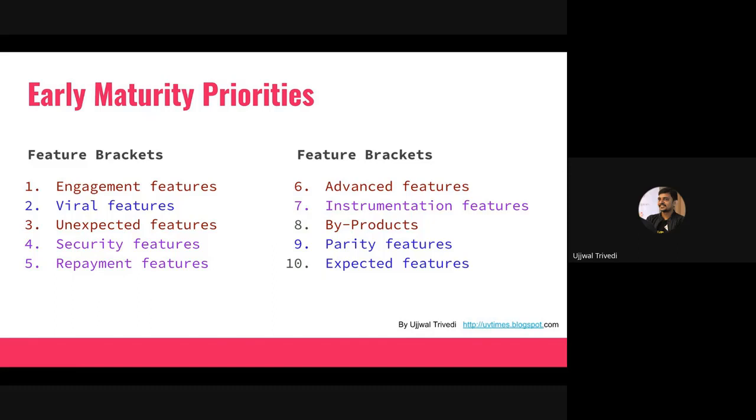So how do you keep them engaged? How do you get more and more orders from them is what is most important, right? More usage from them is more important than talking about parity features or expected features, क्योंकि अब आपका काफी mature product है.